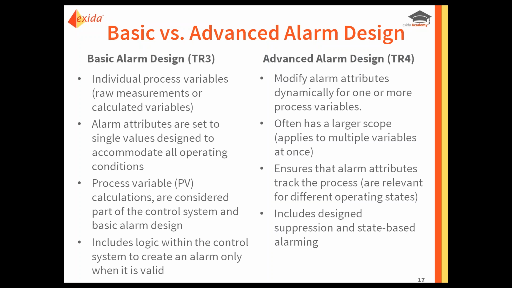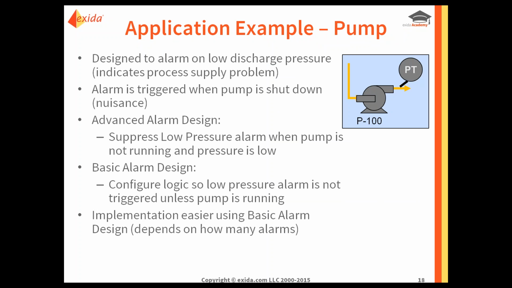The goal of advanced alarming is to make sure that those alarm attributes track the process in its different states. So it's very different from trying to set one value that will suffice for all operating states, and it includes design suppression and state-based alarming.